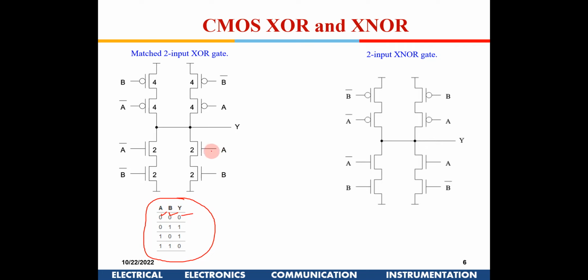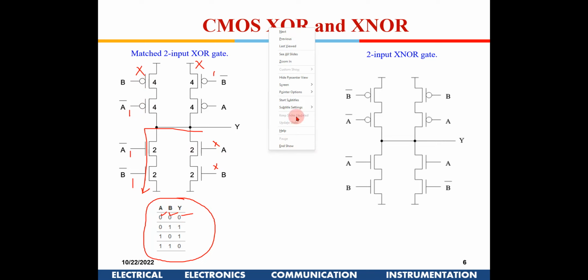Here both of them will be off, but these will be 1, so Y will be pulled to 0. And here, for 0 0, this ensures that VDD is not connected, and this one also ensures that VDD is not connected. So this condition is met.